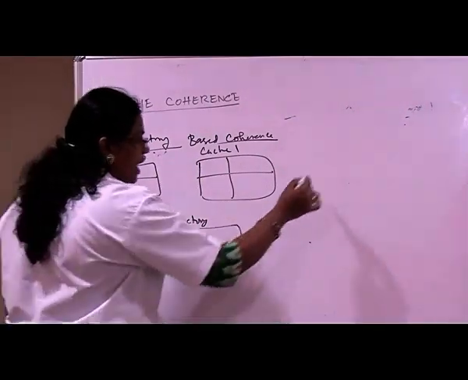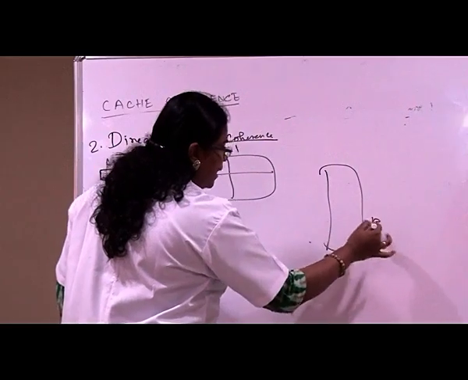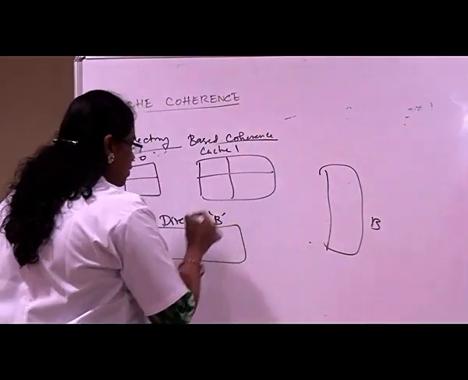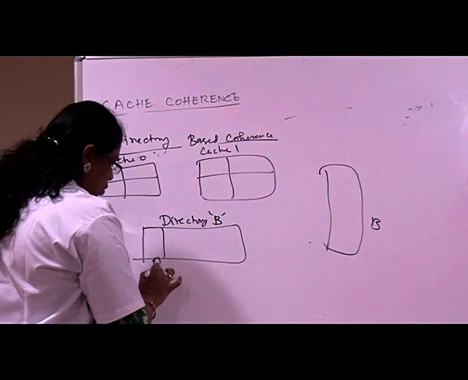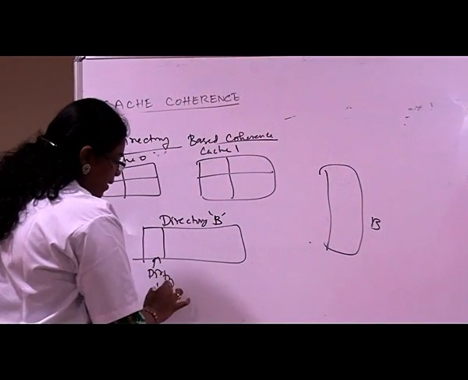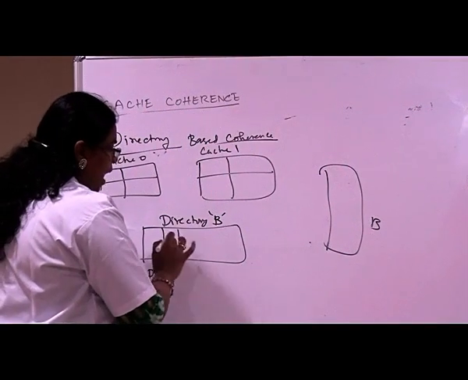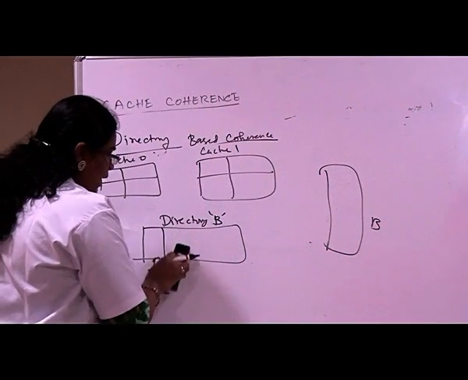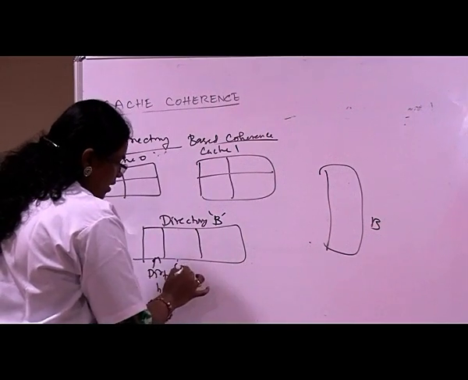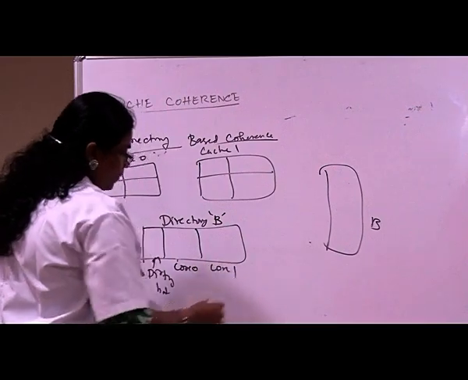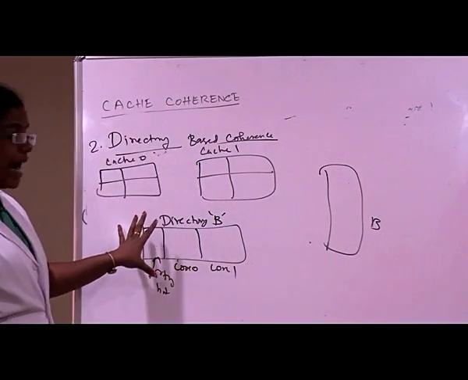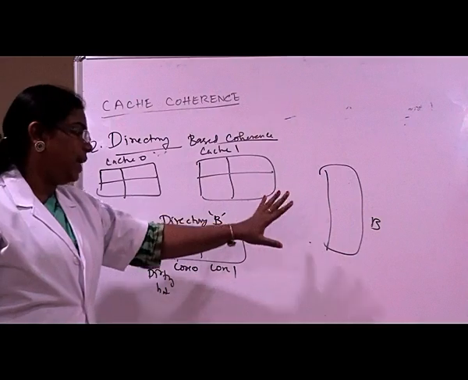So for a cache block called B, I am maintaining a directory called B. The first bit is the dirty bit, and the remaining bits depend on the number of cores. Here I have only 2 cores, so I will have only 2 fields: this is for core 0 and this is for core 1. So this is the actual directory of my block B.